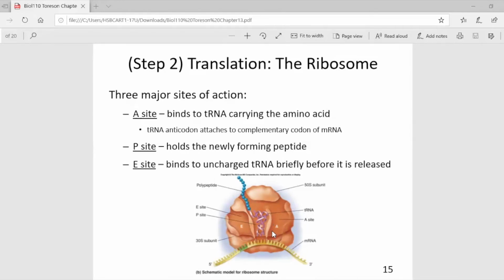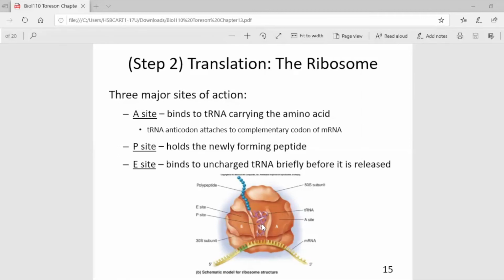The ribosome has 3 locations or sites: the A site, the P site, and the E site. Notice here in the P site, a purple molecule, which is representing the transfer RNA or tRNA. And that tRNA has the current polypeptide strand that is being generated.